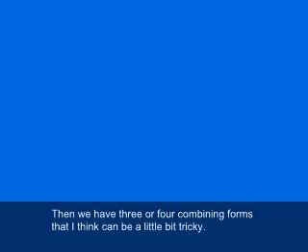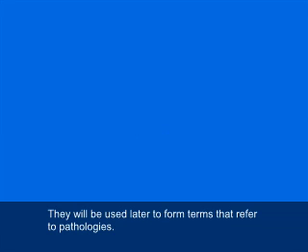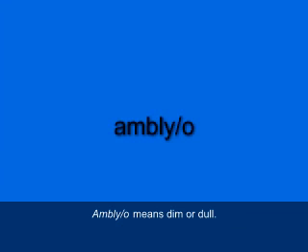Then we have 3 or 4 combining forms that I think can be a little bit tricky. They will be used later to form terms that refer to a pathology. I think if we get the word parts down, that will help us not be tricked by the terms. The first one is amblio, A-M-B-L-Y/O, and amblio means dim or dull.